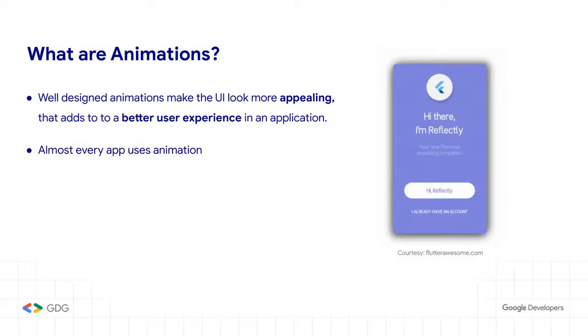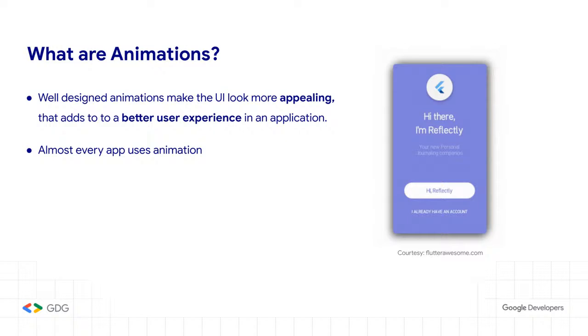So let us look at why we should have animations in the application. The reason is to make the UI look more appealing, and it will also provide a better user experience in an application.